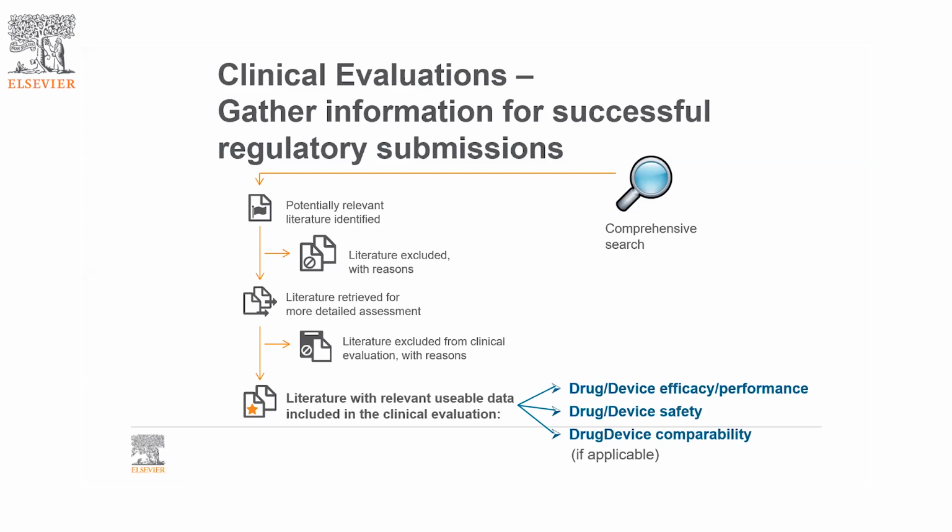Also retrieve literature for more detailed assessment, which needs to be analyzed in more detail, and exclude from this some literature that is not relevant. As a result, you will have literature with relevant usable data included in the clinical evaluation, including information about efficacy, safety, and comparability.